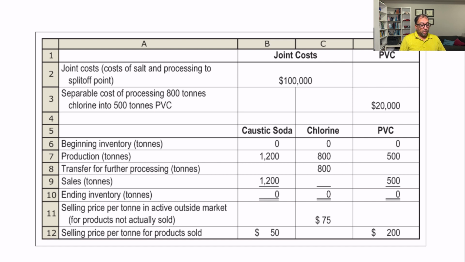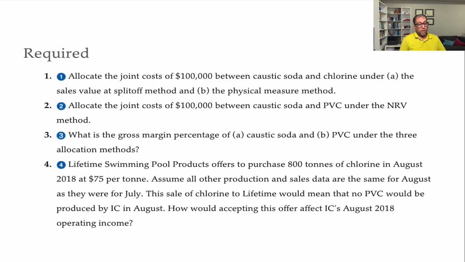Then there is no ending inventory, and the selling prices for all three products are $50, $75 and $200 per ton. Now what we have to do is allocate the joint cost of $100,000 between caustic soda and chlorine under the sales value at split-off method and the physical measure method.